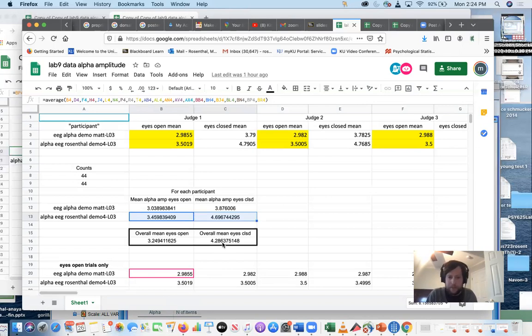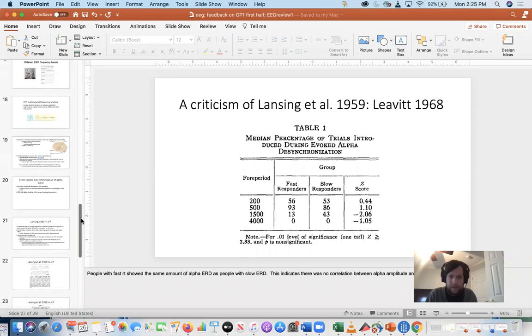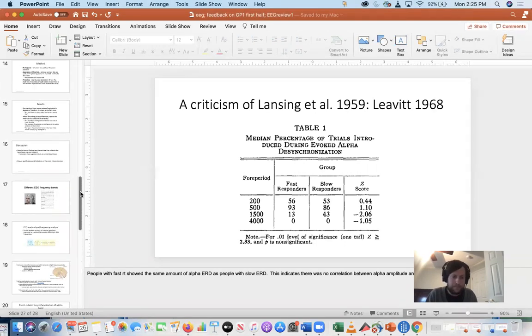And one of the ideas talked about in some of the papers that you're reading about EEG is that alpha amplitude is thought of as inhibitory, which helps us segue to finishing the lecture that we were talking about last time on alpha amplitude and its relationship to reaction time.